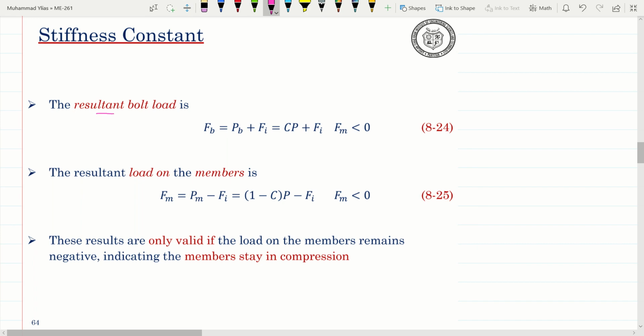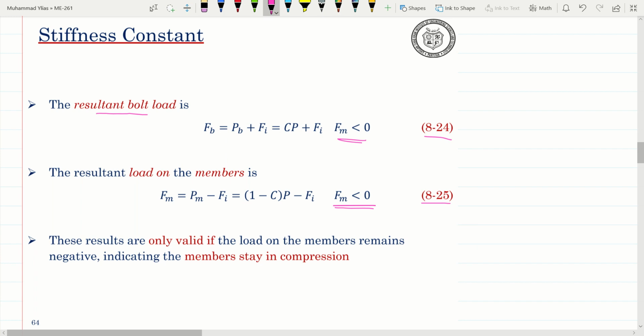Bolt load is given by equation 8-24, and the resultant load on members is given by equation 8-25. Both these equations are applicable only when the members are experiencing some compression.